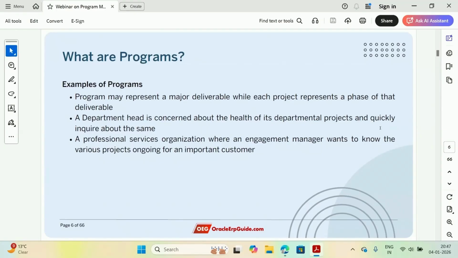Now individual project level health is important, but also overall for that particular customer, an overall consolidated view of all the 5 projects is also important. Maybe 2 projects are in loss, 3 projects are in profit. Overall health is still okay. So you can take some actions and then improve the overall health of the program. So these are some of the examples of programs.